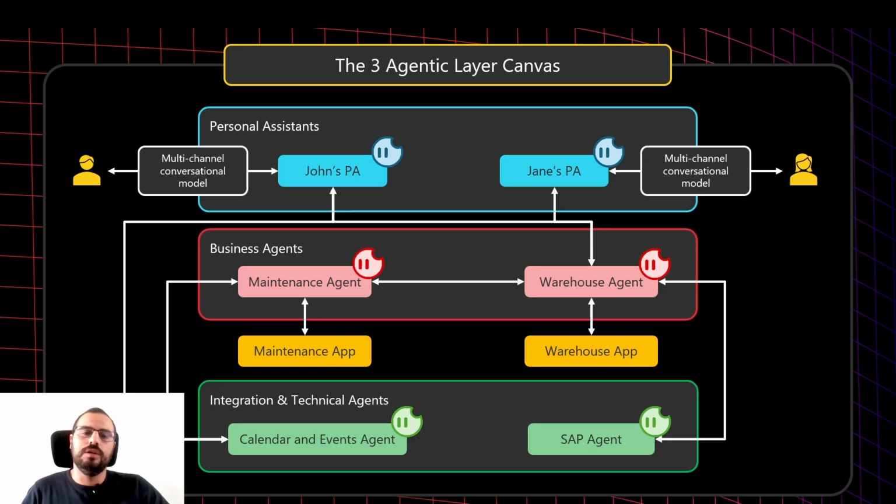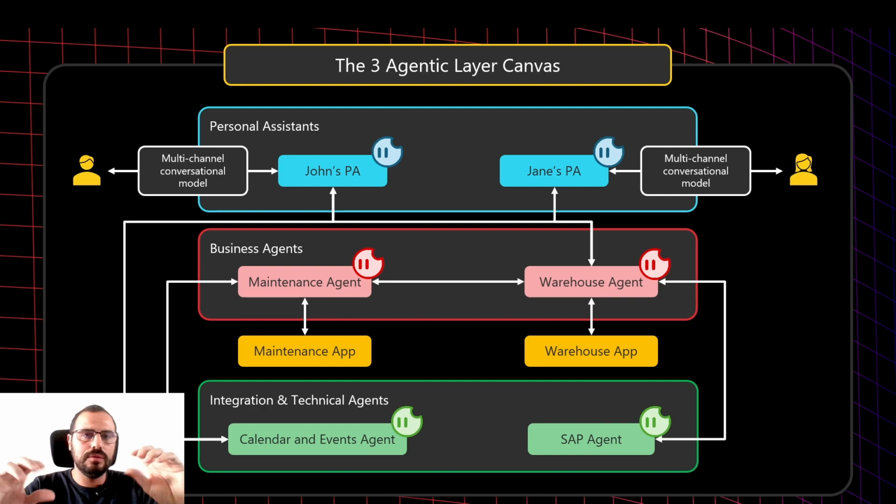I don't want to say it wrongly, but I think it was Churchill who said that I don't know about everything, but I have my contact list and phones where I can call anyone to give me the information that I need. So in this case, the personal assistant works the same way. He doesn't know about domains, but he knows the agents that he can contact. So this is the first layer.